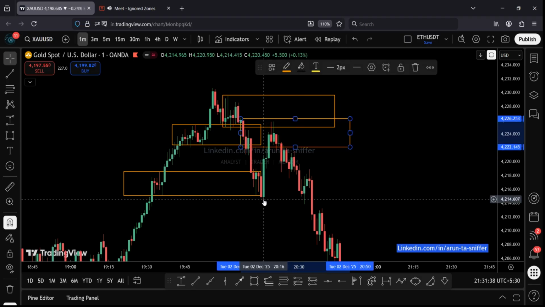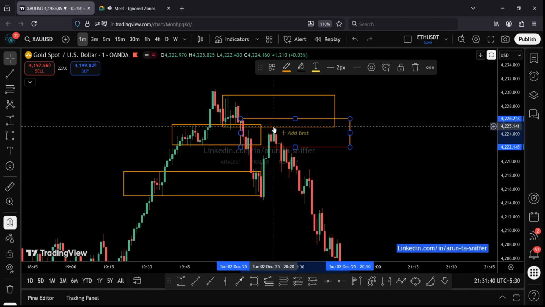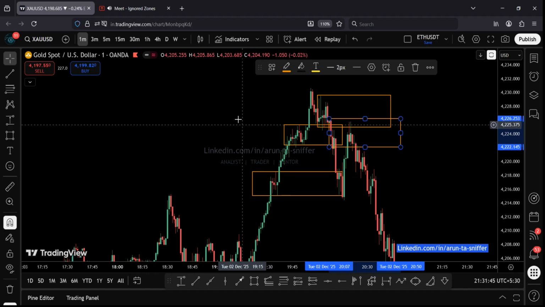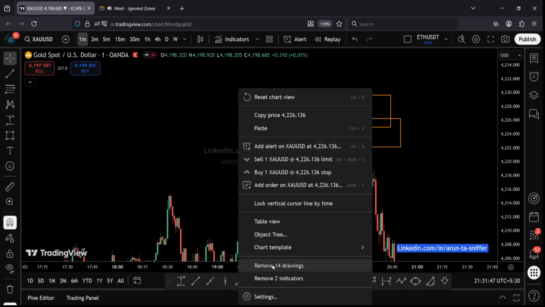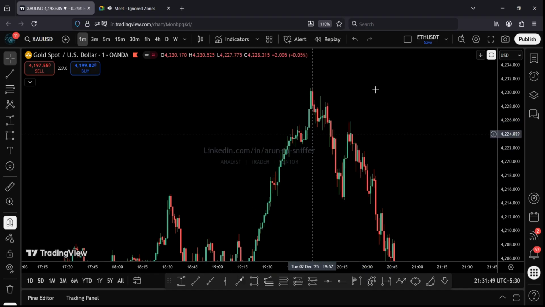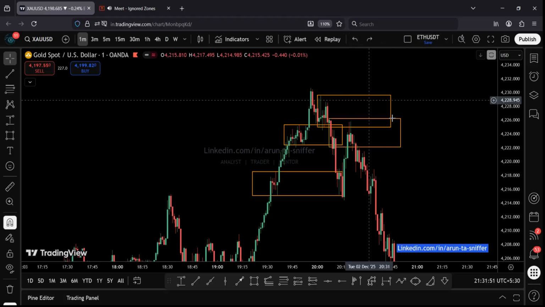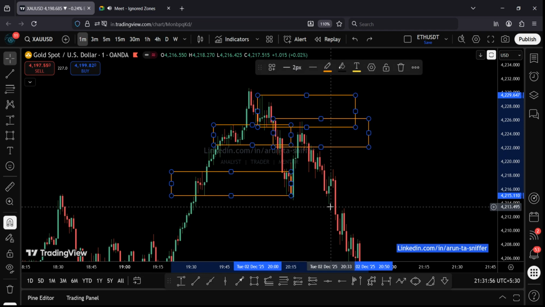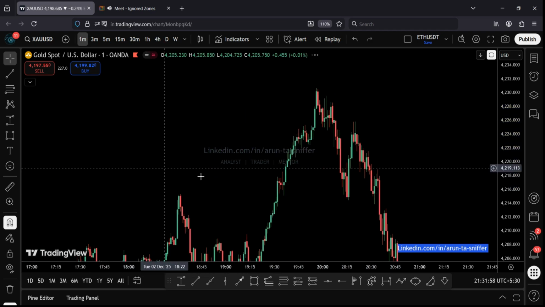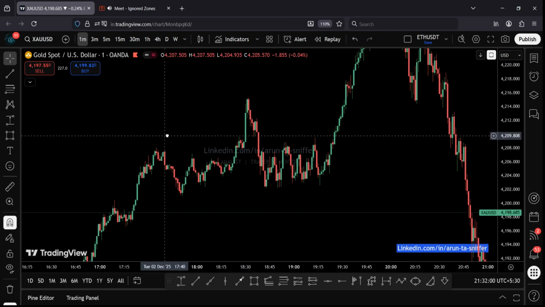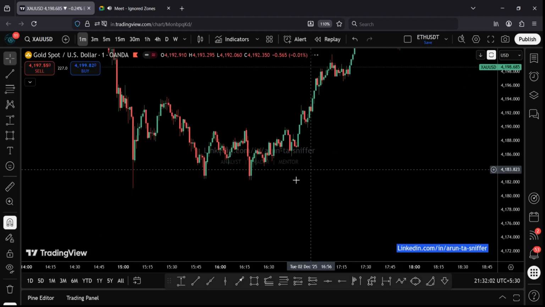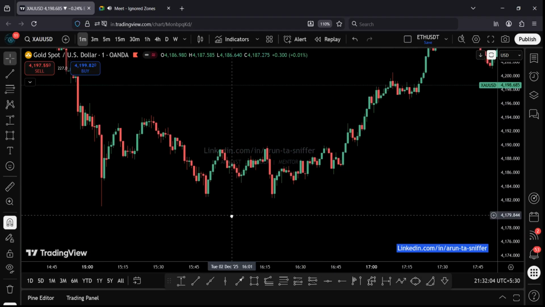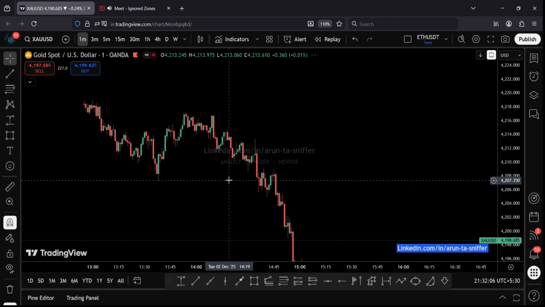So that's why price goes up again to this ignored zone and then fell down from there. This is how ignored zones are created in QM structure. Okay, let's find one more example and then we will move on to other structures.